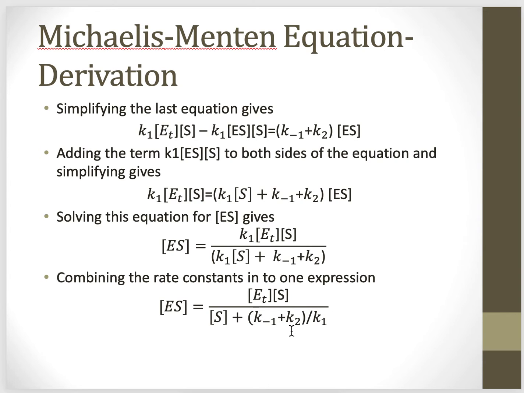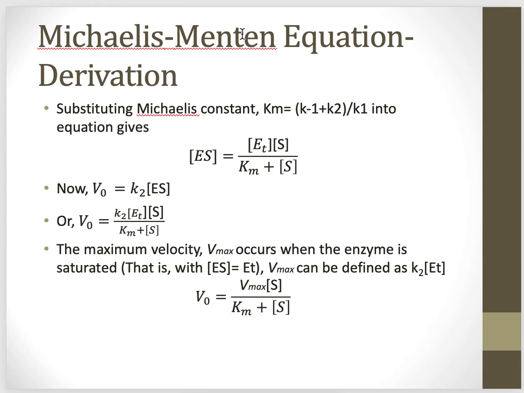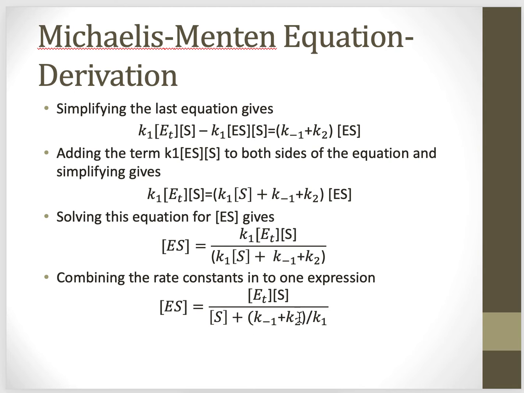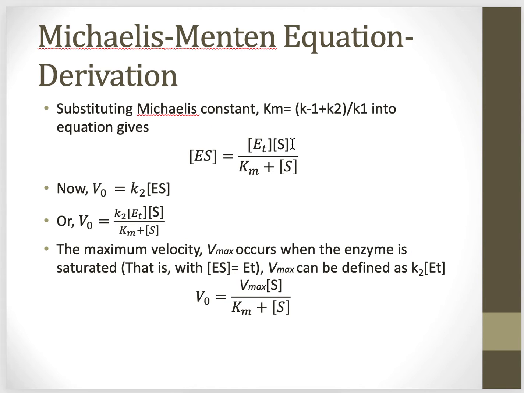K minus 1, K2, K1, all these are constants. As all these constants are in the same place, we can substitute this with another constant. That constant is the Km, and Km is called the Michaelis-Menten constant. So if we replace this with the Km, then the equation becomes this: ES equals E_T S divided by Km plus S.